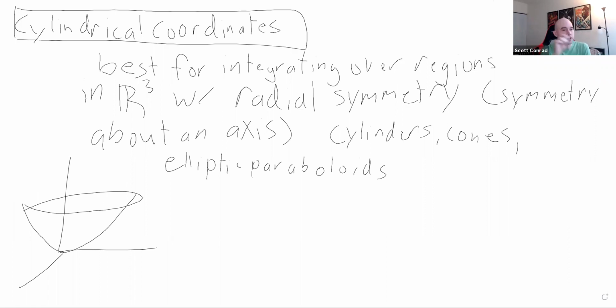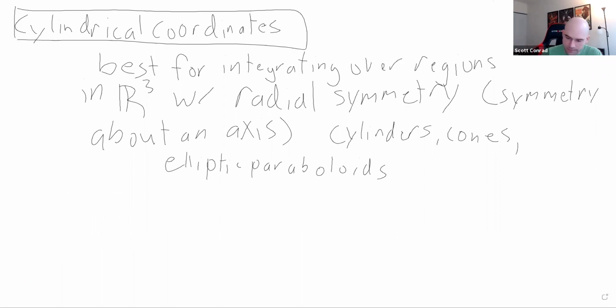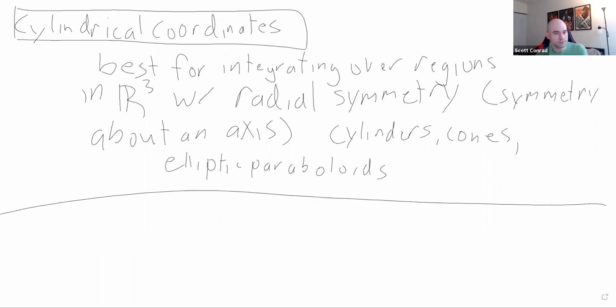You take your parabola and you rotate it about the z-axis, and you get an elliptic paraboloid. So it's these types of regions bounded by this sort of stuff. And I want to emphasize that's where cylindrical coordinates really shine.